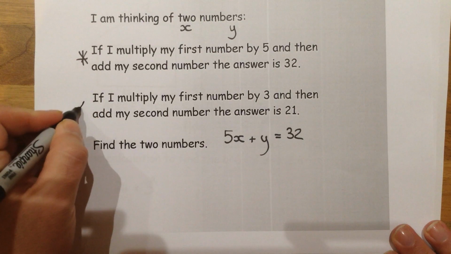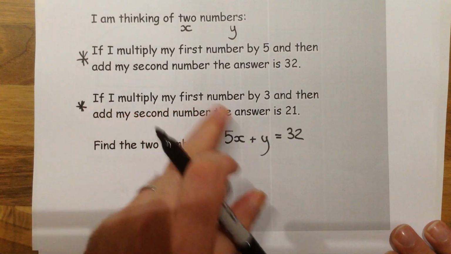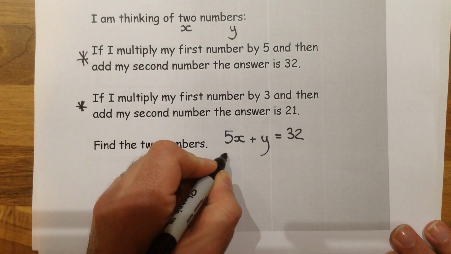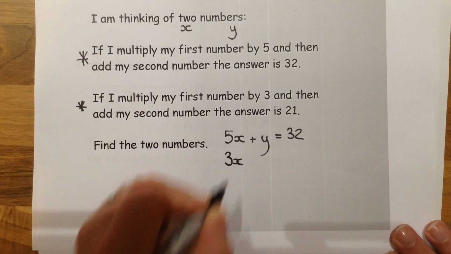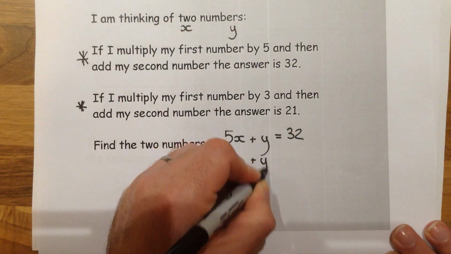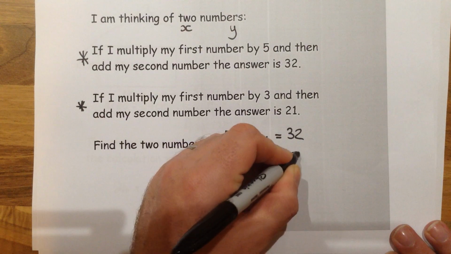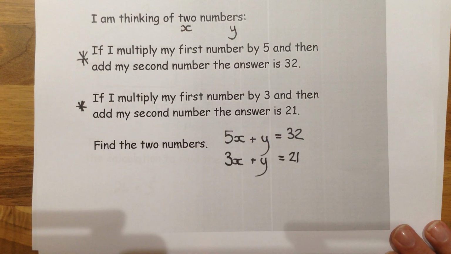Now let's write a second equation for this second paragraph. If I multiply my first number by 3, so that would be 3x, and then add my second number, plus y, the answer is 21. So what we have done here is we have formed simultaneous equations.